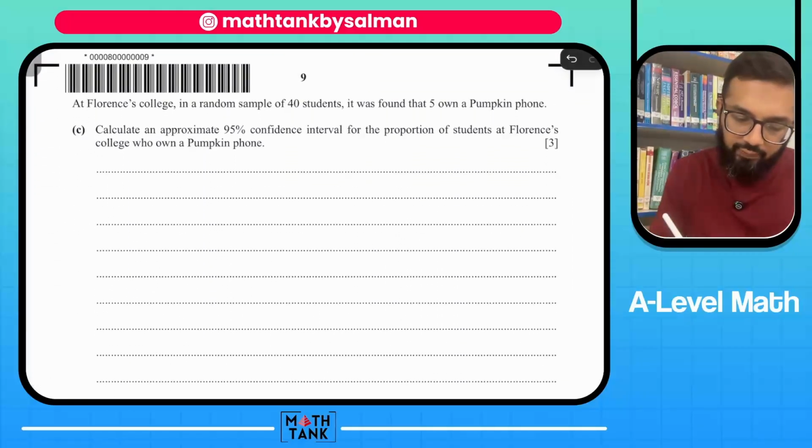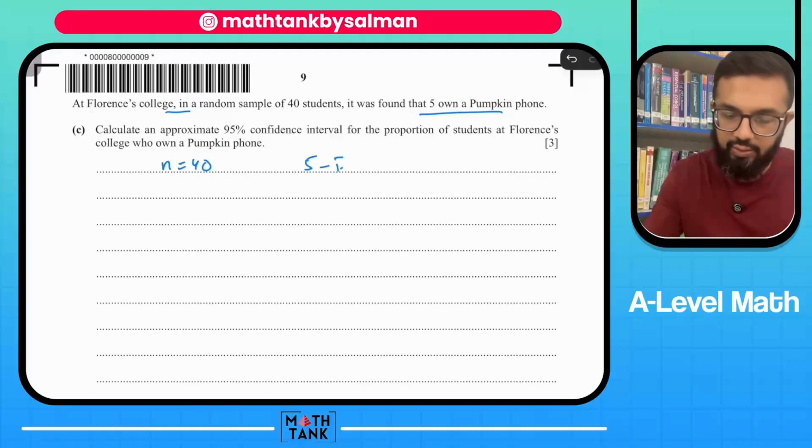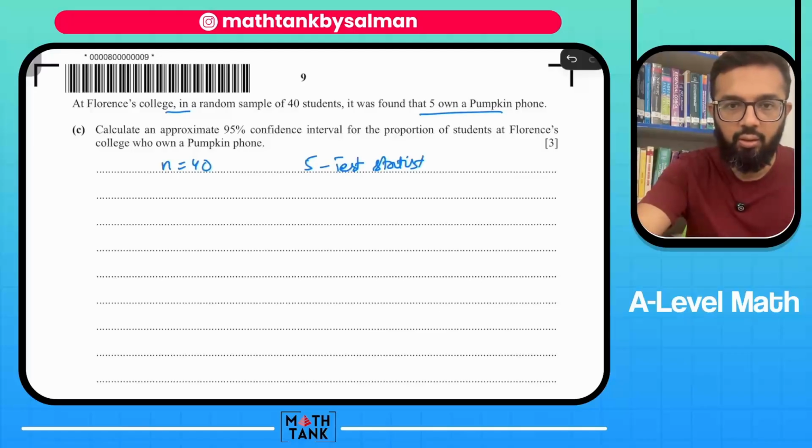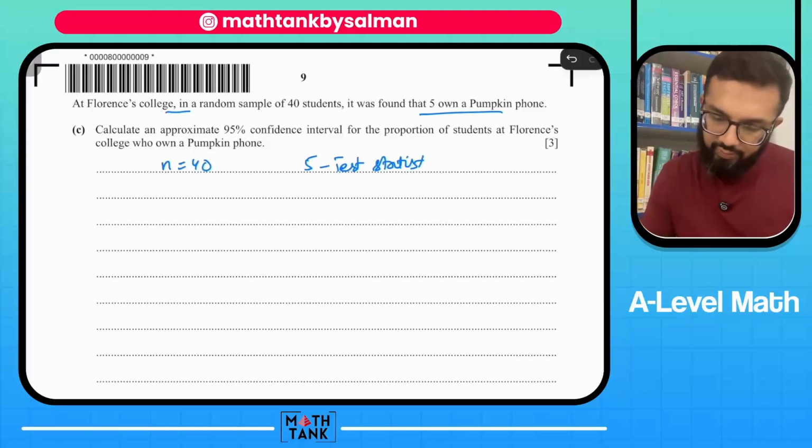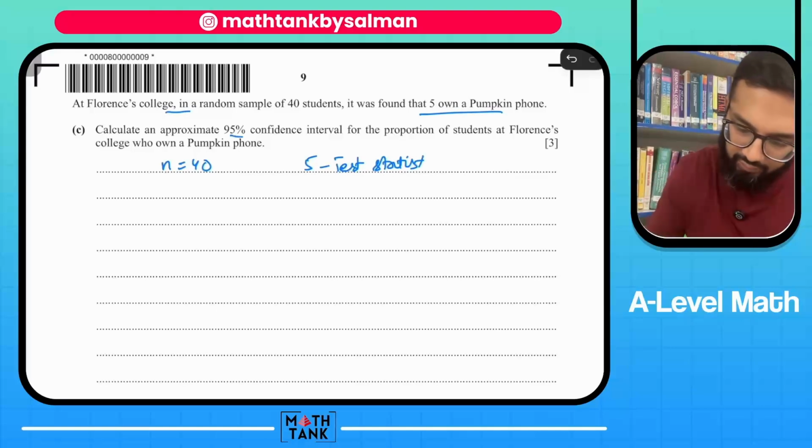It says at Florence's college, in a random sample of 40 students, it was found that five own a pumpkin phone. So five is your test statistic. Calculate an approximate 95% confidence interval for the proportion of students at Florence's college who own a pumpkin phone.